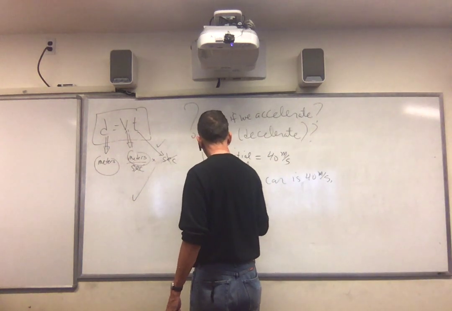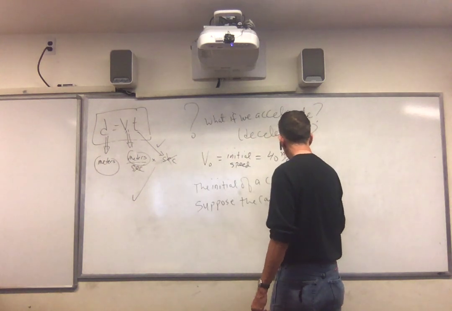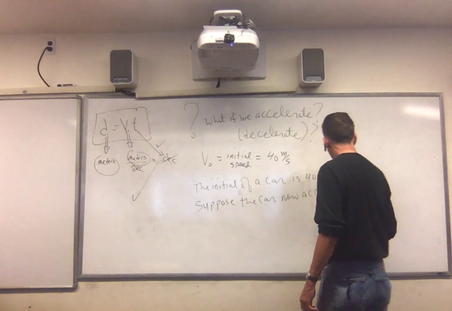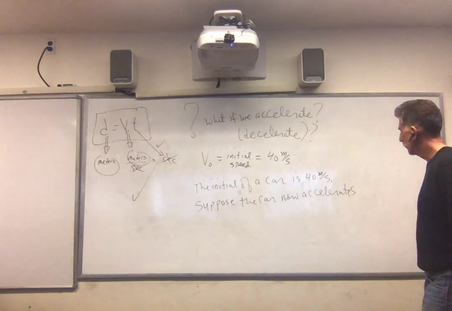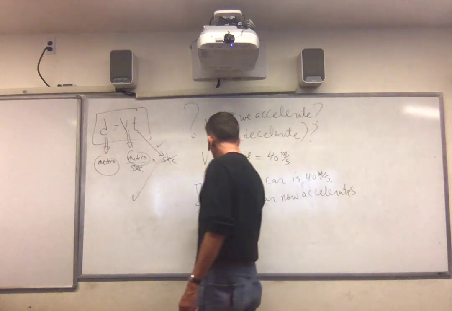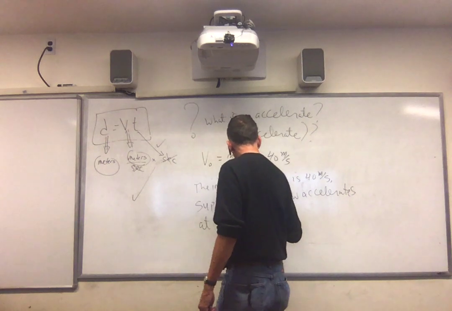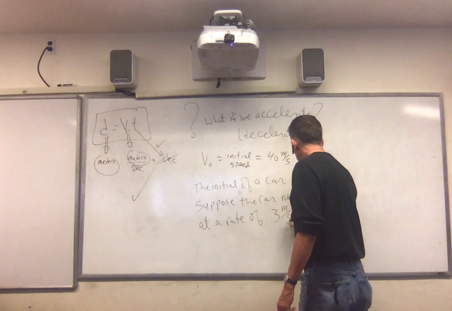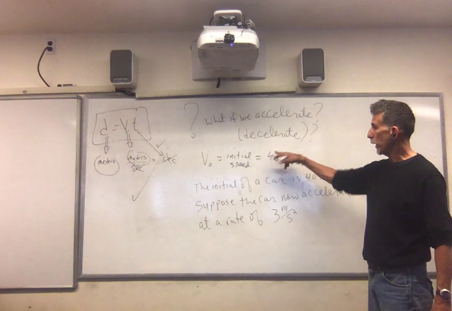Suppose the car now accelerates, ready for this? At a rate of 3 meters per second squared. So now you step on the accelerator and you go not at 9.8, we're going this way.